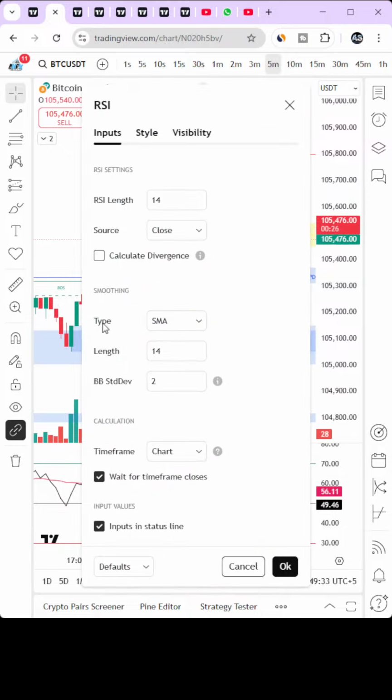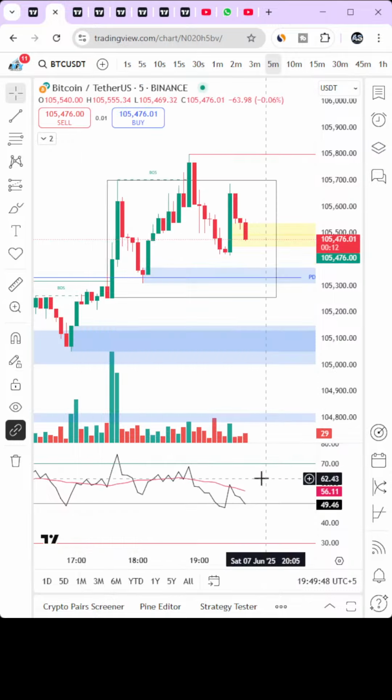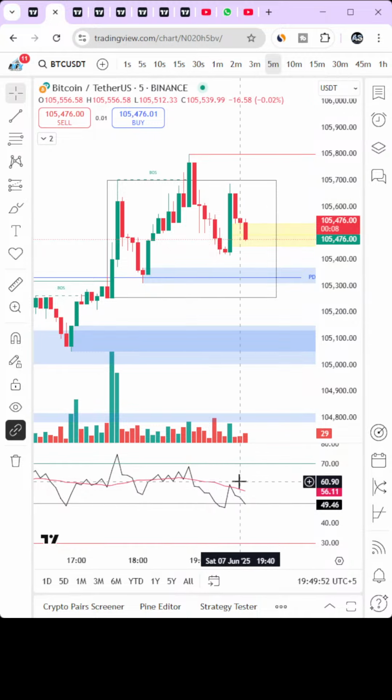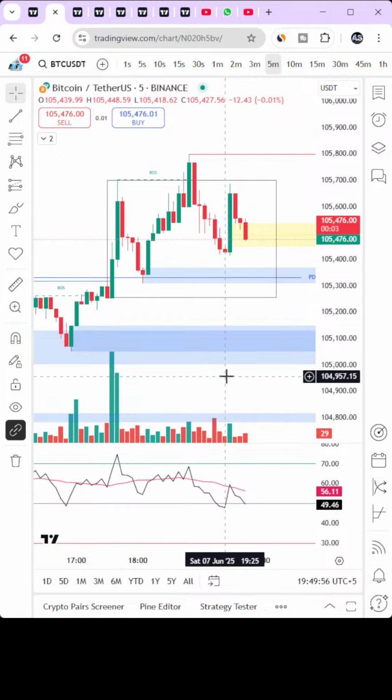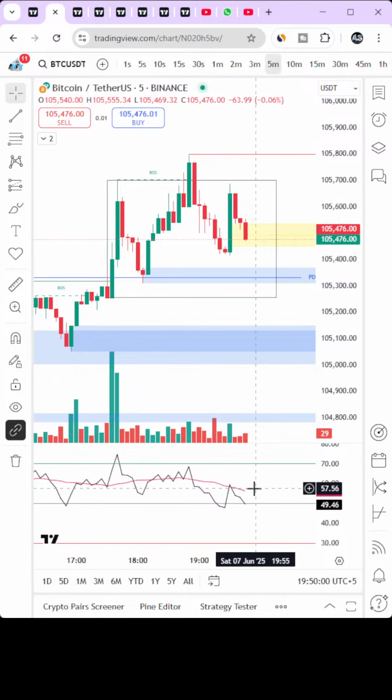This is the SMA, simple moving average line, and its length is 14. It also works very well. I have tested it and observed it, and got so many amazing trades according to this pink line.